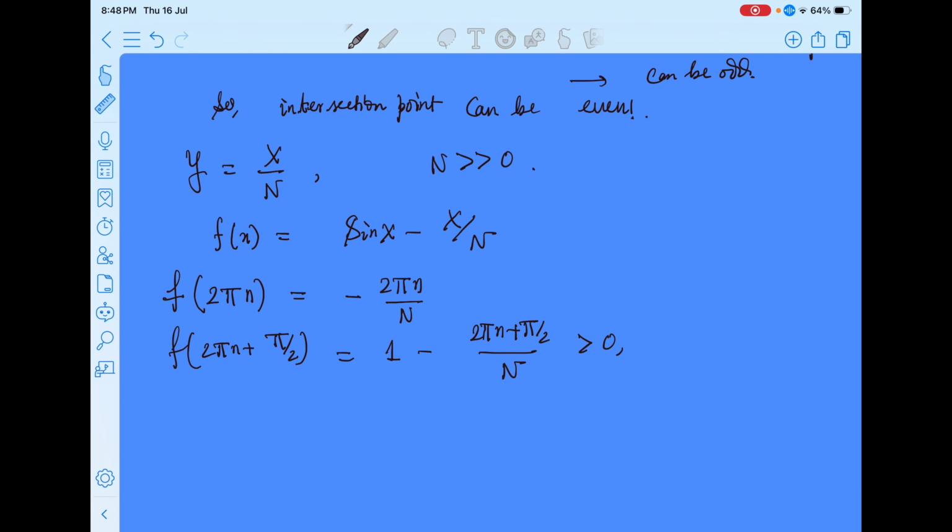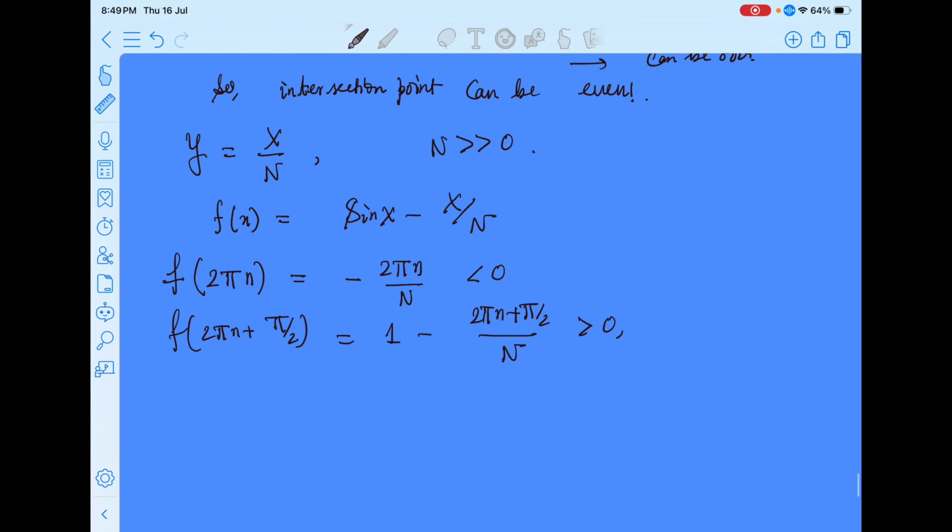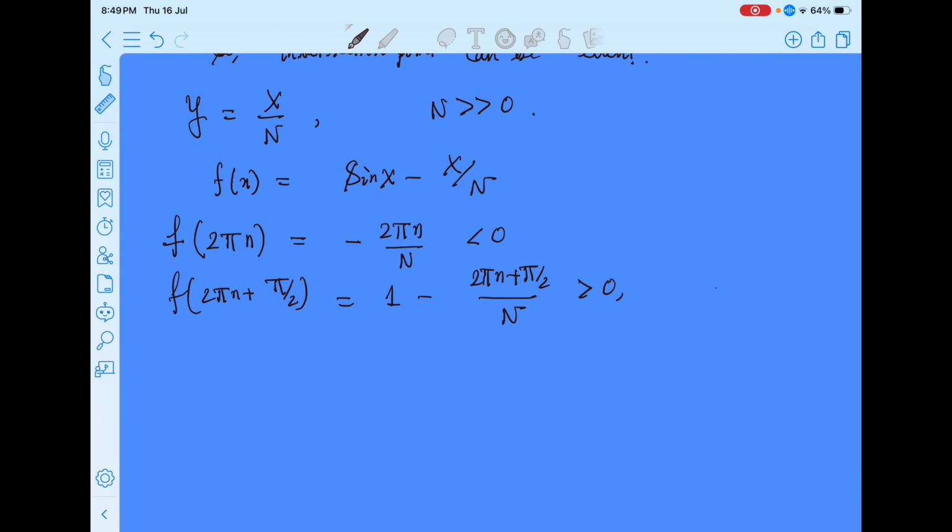So by the intermediate value theorem, there exists a zero of f of x between 2 pi n and 2 pi n plus pi by 2.